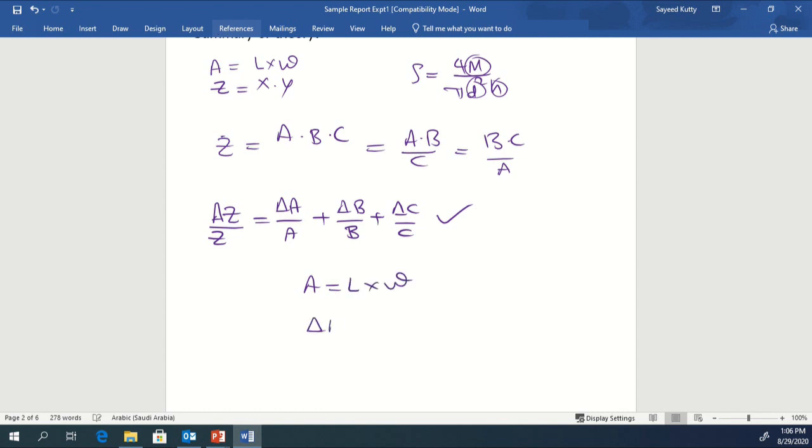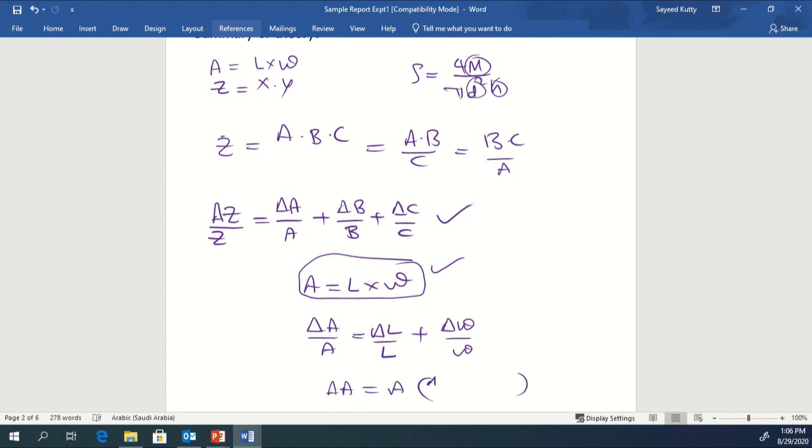Delta A by A equal to delta L by L plus delta W by W. From this, we know what is A. So you already know. Then how can you find delta A? Very simple. Delta A is A into this delta L by L plus delta W by W. Already you know the length, you know delta L. Already you know the width, you know delta W. Now the unknown delta A can be calculated.